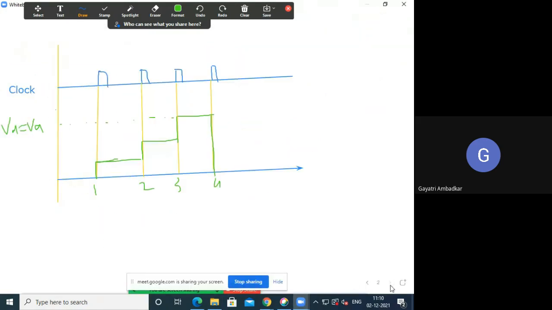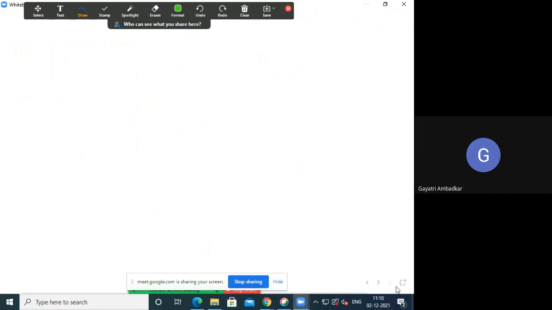Let's take the next as successive approximation ADC. Let's draw the diagram. Now we are going to use a register called the successive approximation register. How it works, you'll see.